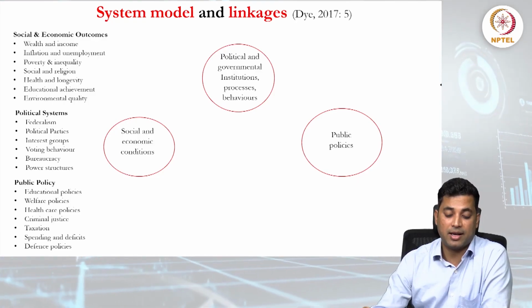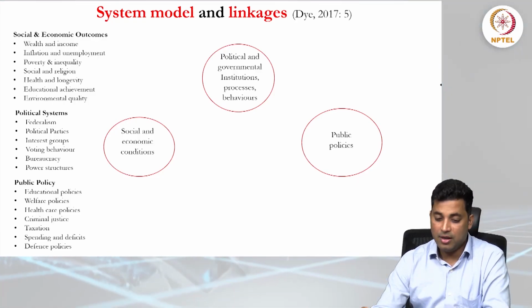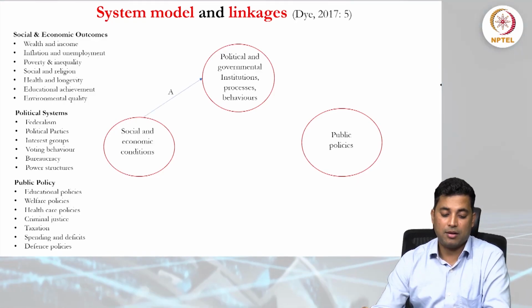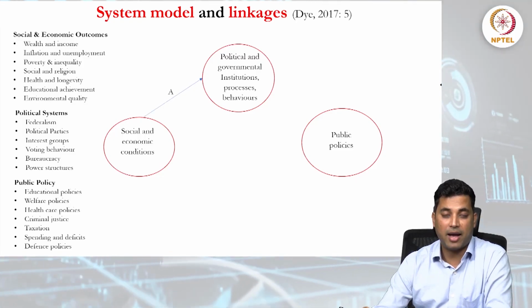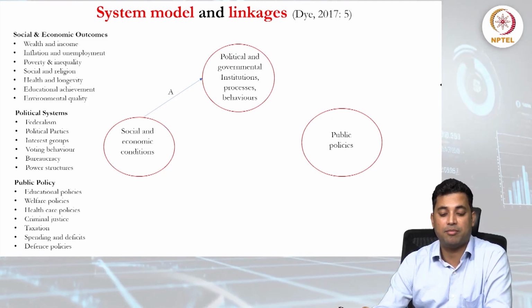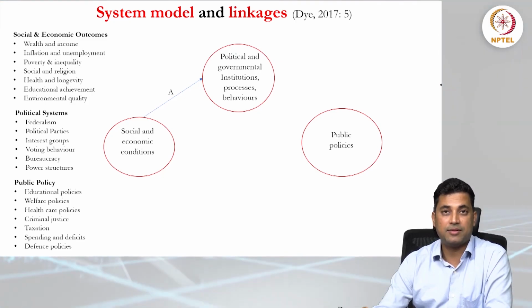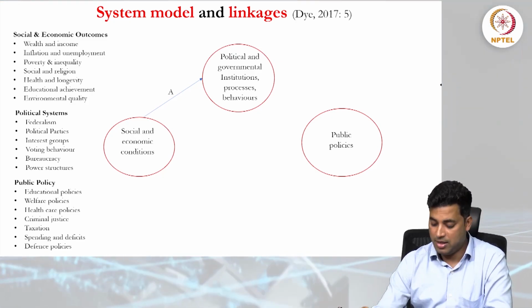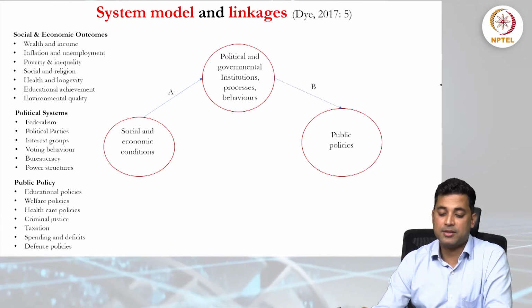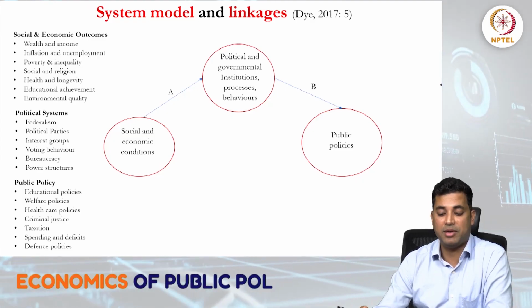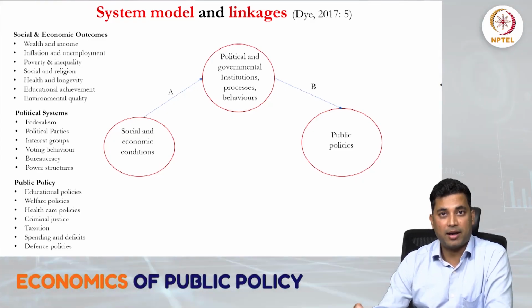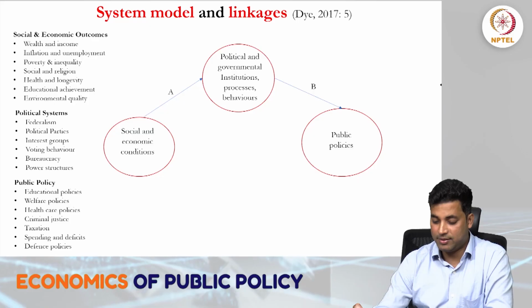They are interrelated and they are linked. So social and economic conditions have an impact on the political and governmental behaviors and institutional behaviors. Likewise, political, governmental, and institutional behaviors have an impact on the public policies.